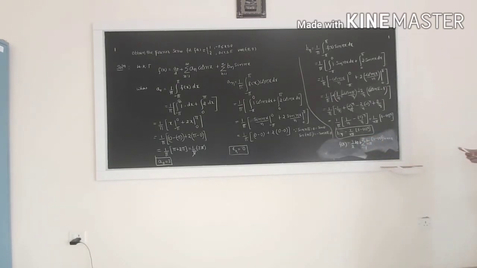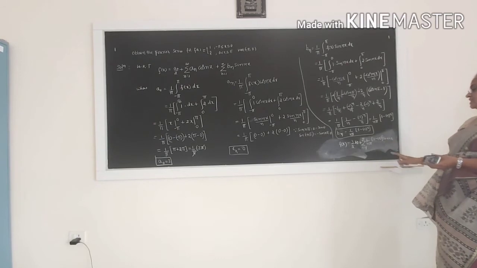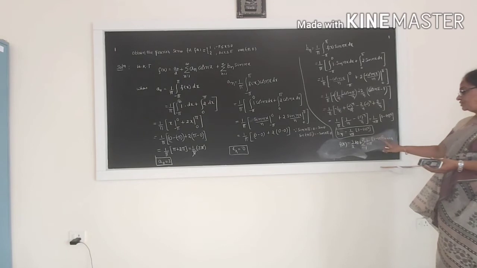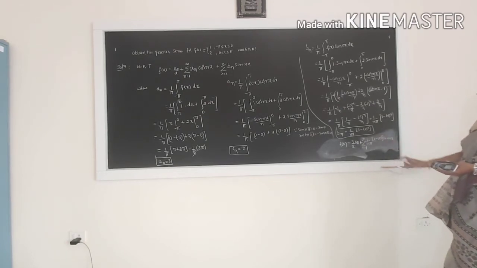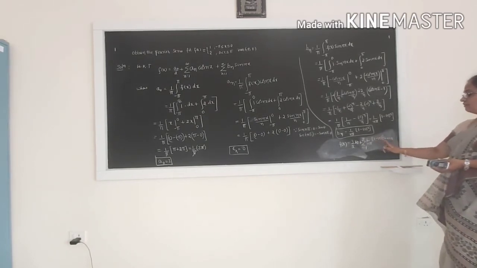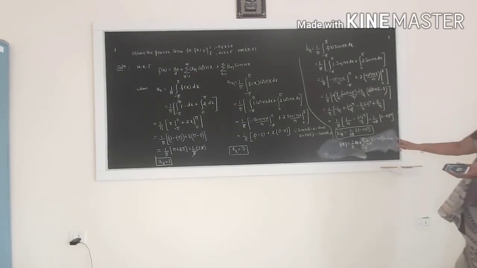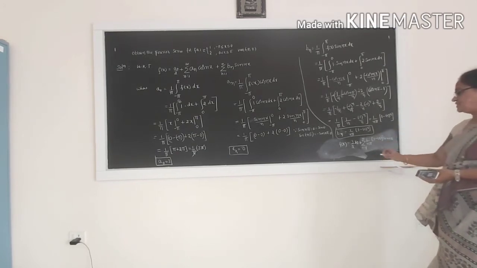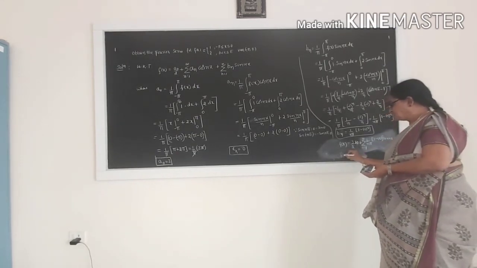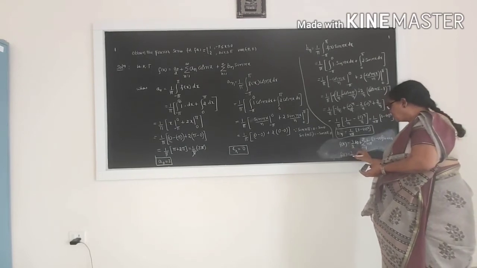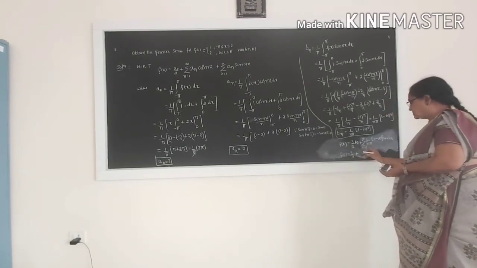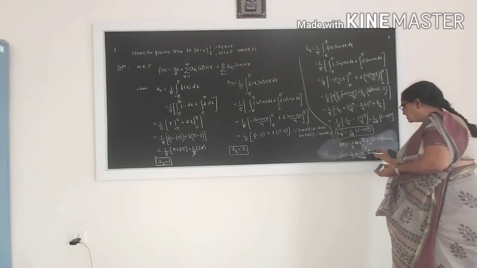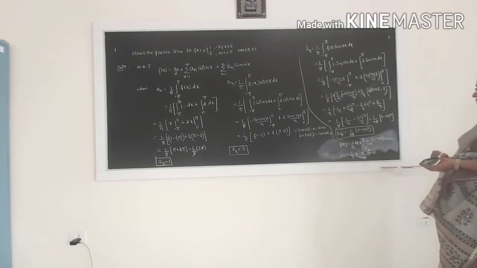Now you observe, if I am substituting n is equal to an even number, this is going to be 1 minus 1. Therefore, it is going to be 0. When n is equal to an even number, this value is going to be 0. Therefore, I write this as f of x is equal to 3 by 2 plus summation 1 over pi times 2n minus 1, 2n minus 1.